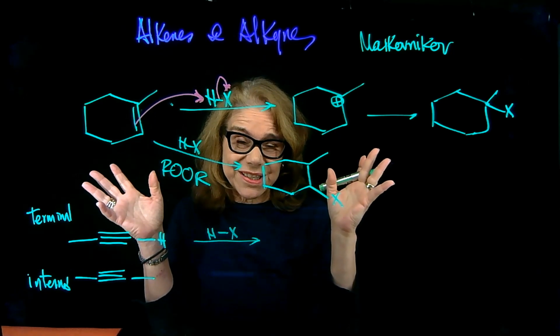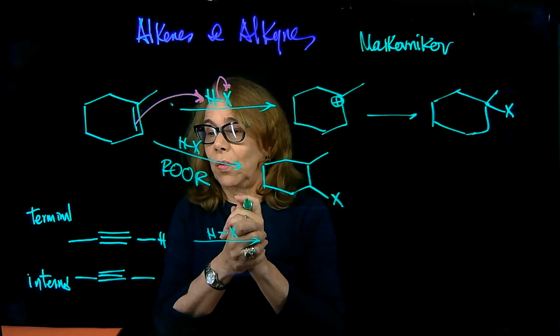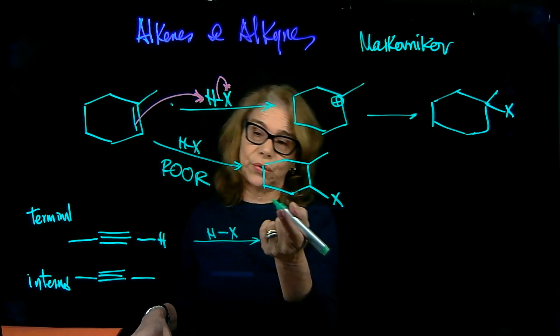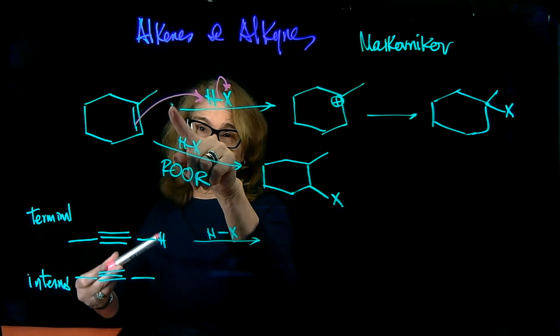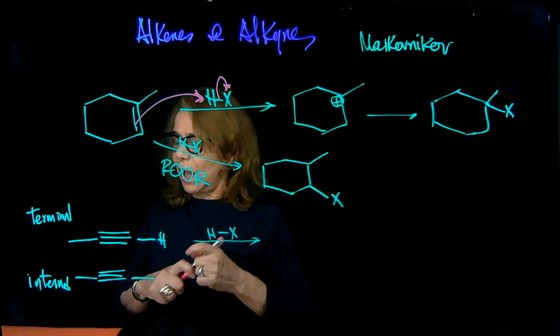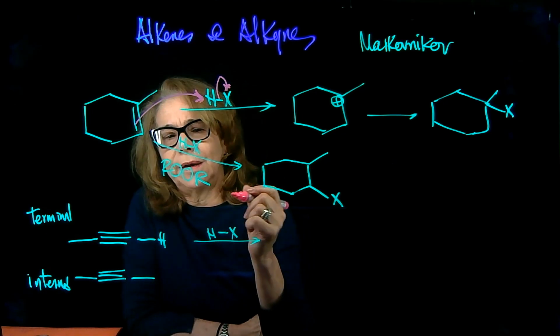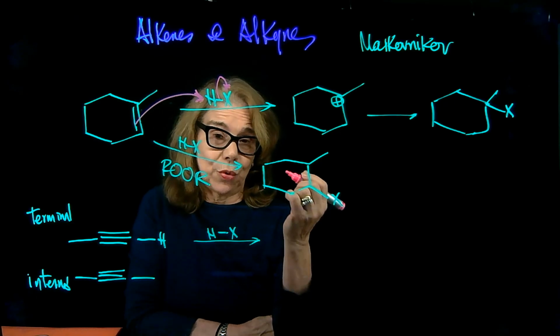The reaction proceeds regioselectively, also Markovnikov in the absence of peroxide. So what you're going to do is add the H at the least substituted carbon, similar to what we did here. But here we're not forming a carbocation like that; the transition state is more complex.